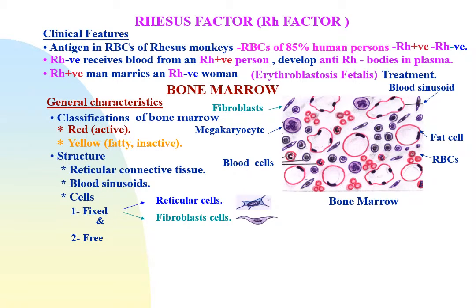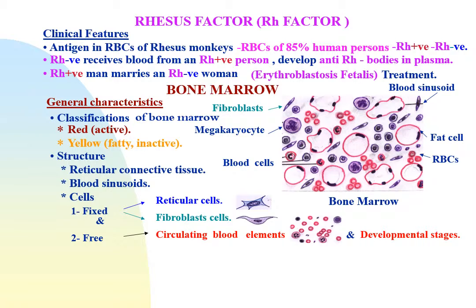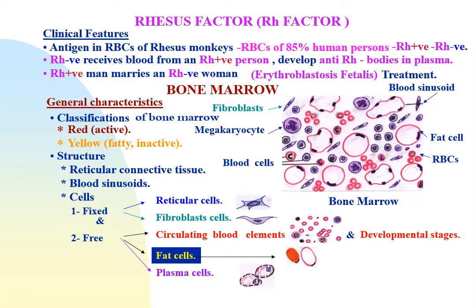Free cells include all cell types normally found in the bloodstream, together with their developmental stages, as erythroblasts, myeloblasts, and myelocytes and mature cells. Also, there are some connective tissue cells, as fat cells, plasma cells, and mast cells.